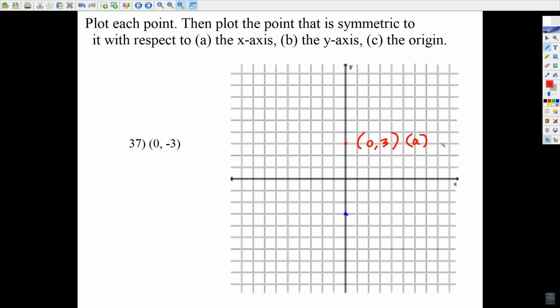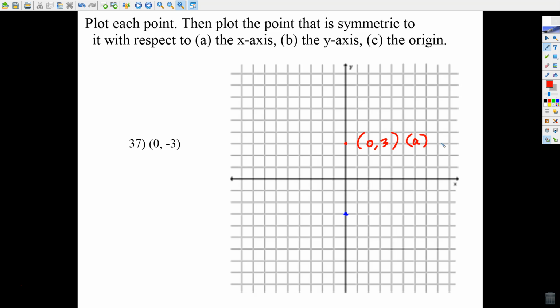Now this is interesting. This point actually falls on the y-axis. So what's the point that is symmetrical to the y-axis? Any thoughts? Yeah? It's itself, exactly. I mean, it's almost as if, think of this line splitting this actual point up.